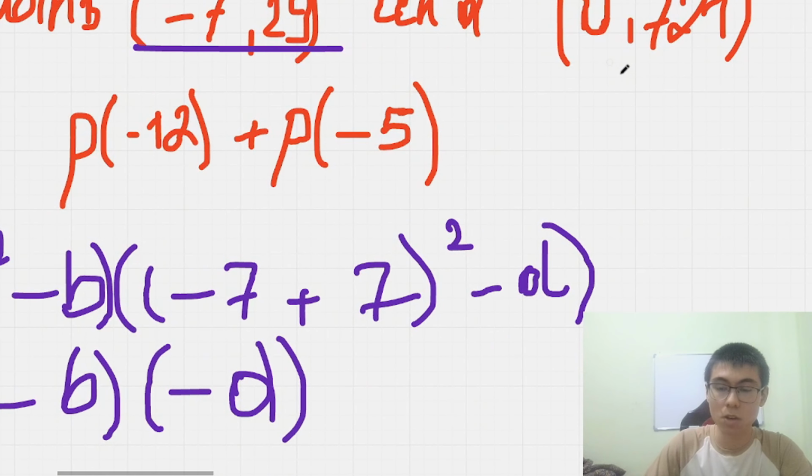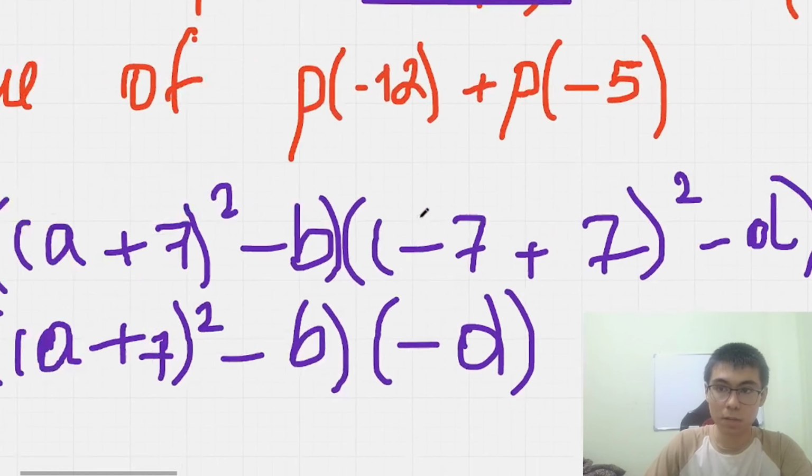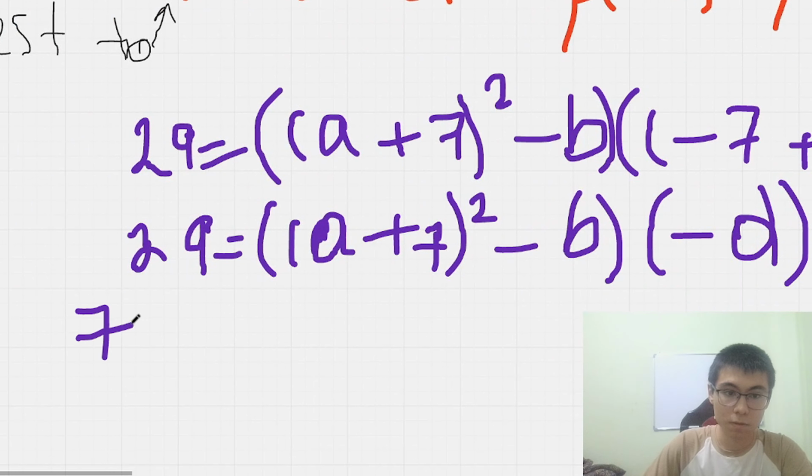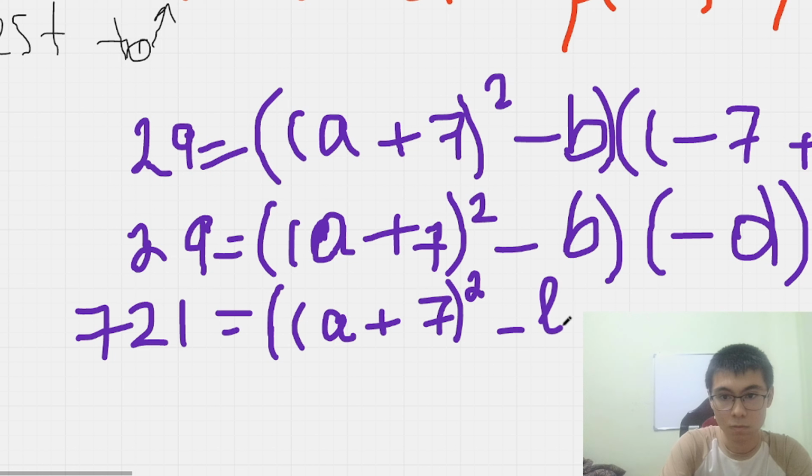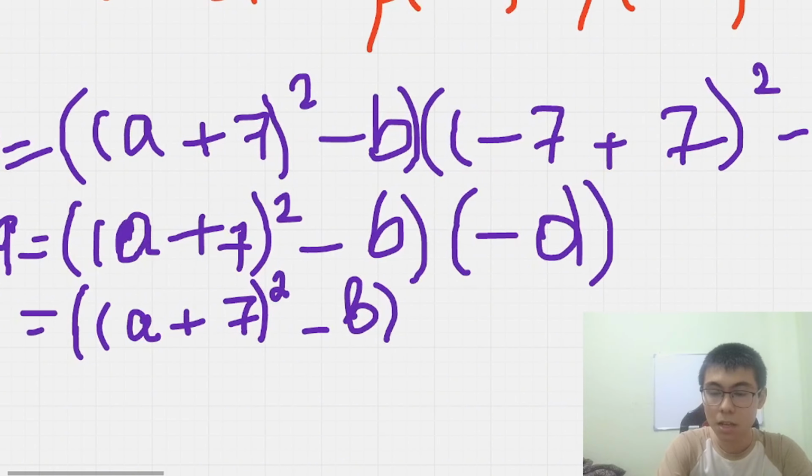When x equals 0, y is going to equal 721. So I'm going to write 721 equals a plus 7 minus b.